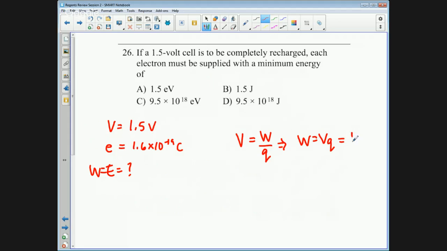Our potential difference is 1.5, and the electron, even though it also equals 1.6 times 10 to the negative 19 coulombs, it also equals 1 elementary charge. So if we multiply 1.5 volts times 1 elementary charge, we get 1.5 electron volts. So this is our answer, A.